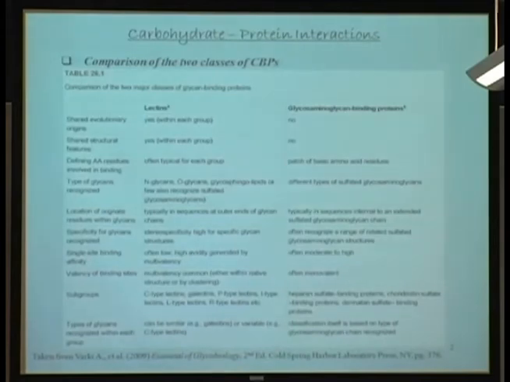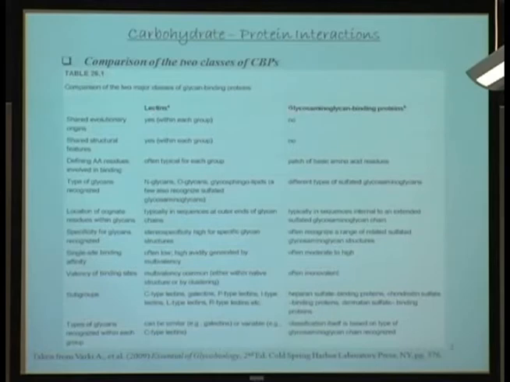So, here's a simple comparison, and I'm taking this from the book that I plan to give to each of you, and have given to some of you. This is from Essentials of Glycobiology, page 376, and it's a very nice table that summarizes a lot of information about glycans binding to proteins.